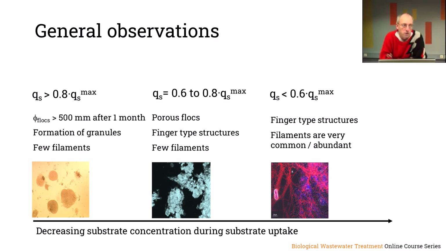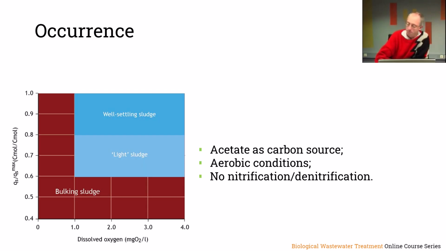However, if we go to substrate uptake rates at, say, 50% of the maximum rate and lower, then we get dominance of filamentous bacteria. We end up with bulking sludge in the system. So it's again quite narrow ranges if you think about that within process design. But if the substrate concentration at which the substrate is taken up decreases, you just will get more filamentous bacteria. That's the observation.